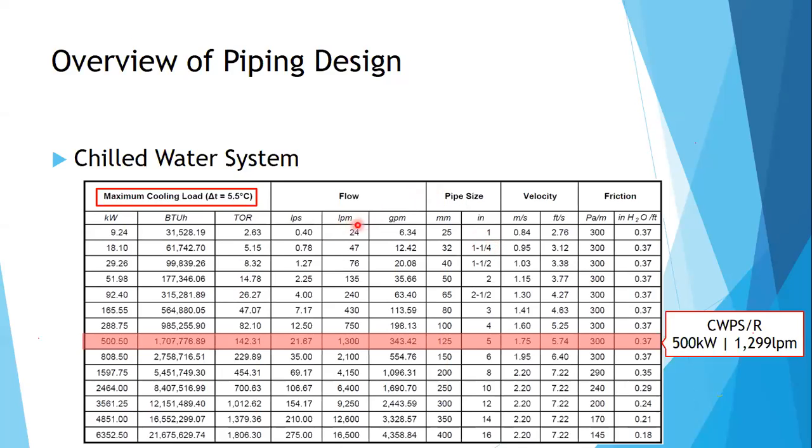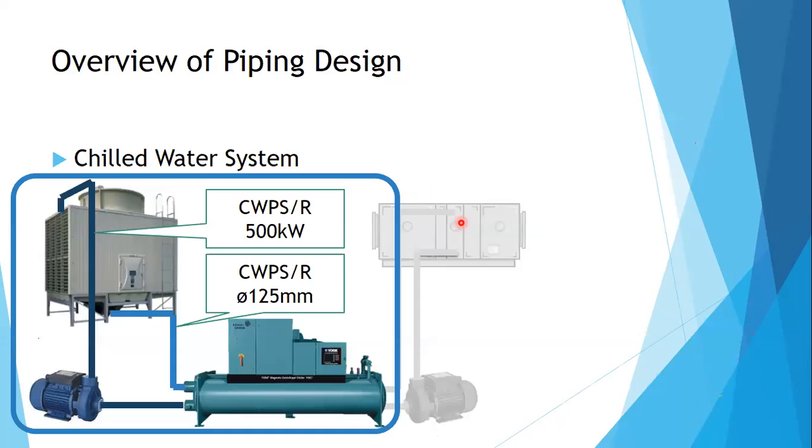So I put here both the IP units and the SI units for convenience. So again, on the condensing water side, the 500 kilowatt of cooling capacity or heat load will require 125 mm of condensing water piping.